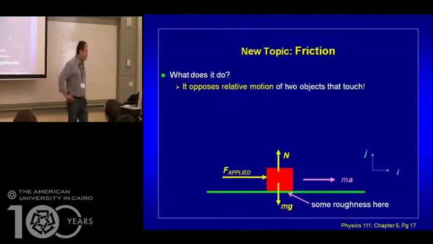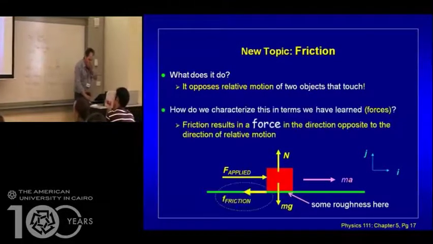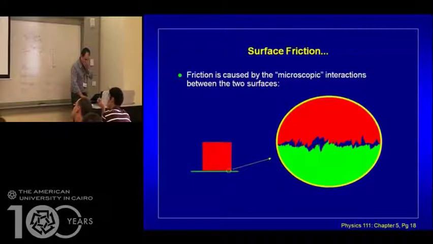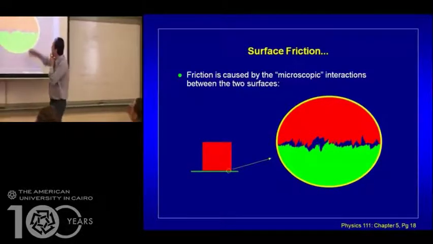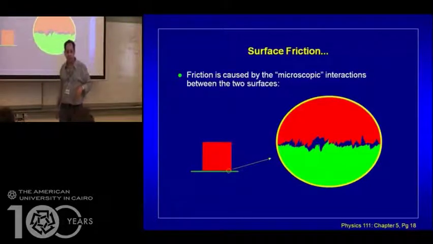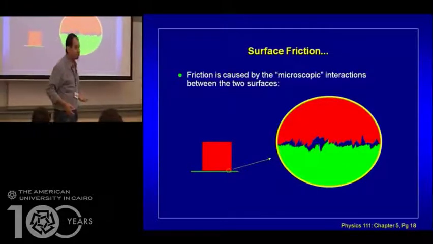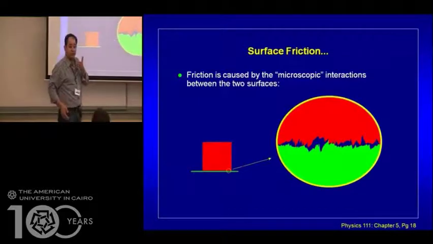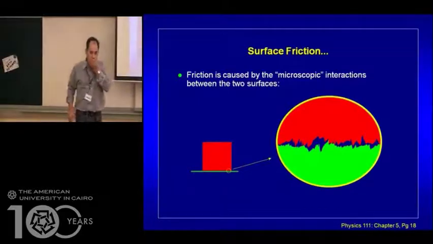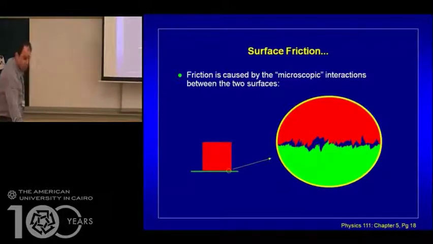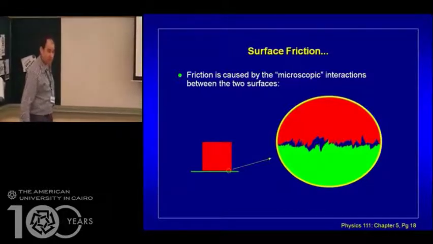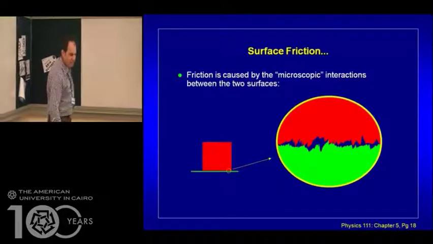Why do we have a frictional force? Because if we look at the microscopic scale, at the very small scale, on any object, there is nothing called a smooth surface. If you put your finger like this on the desk, it feels smooth to me, right?